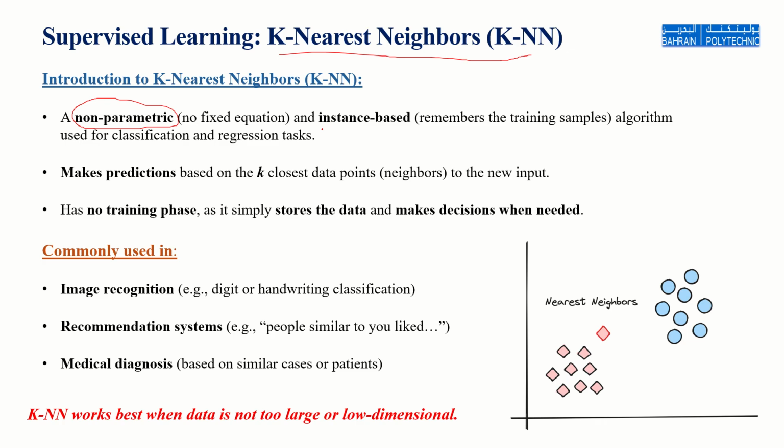Now another point you have to understand here is that it is instance based. I already told you, if you have a data set, I will call each of these rows instances.